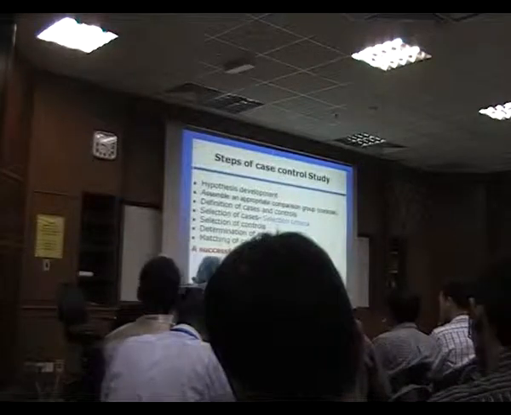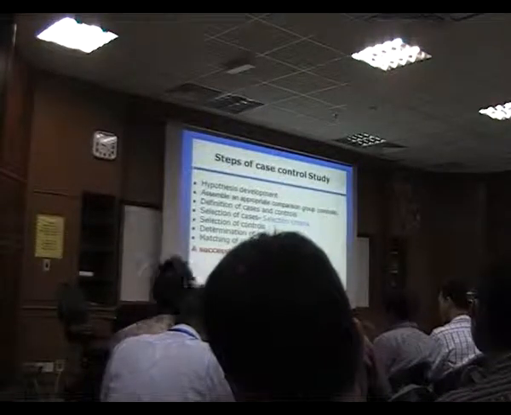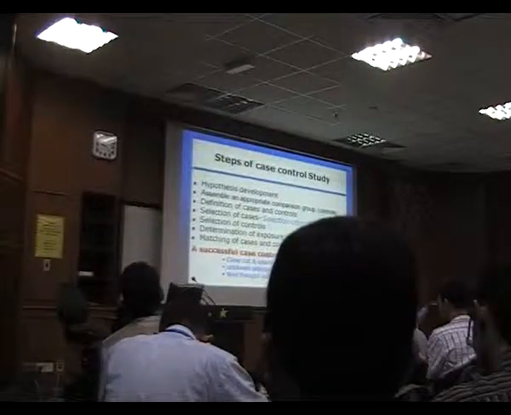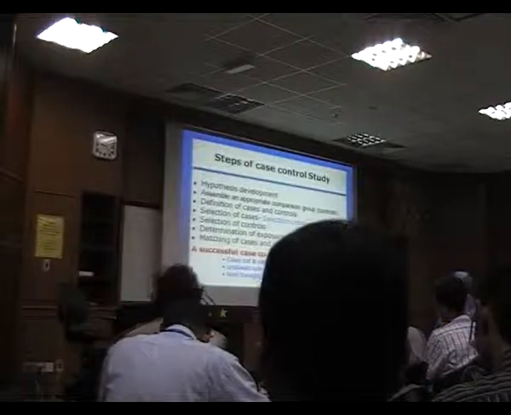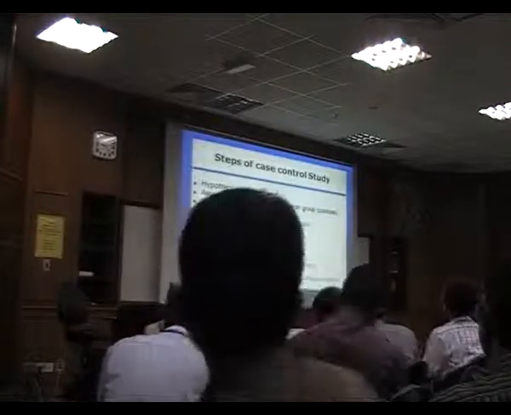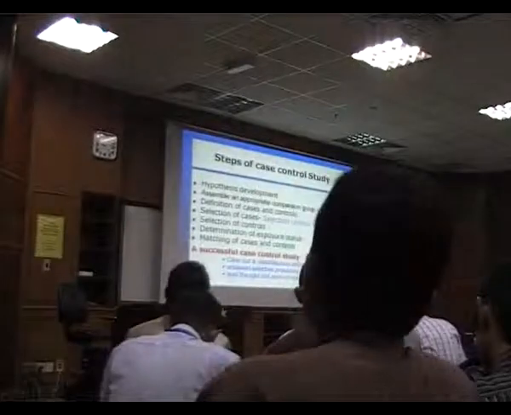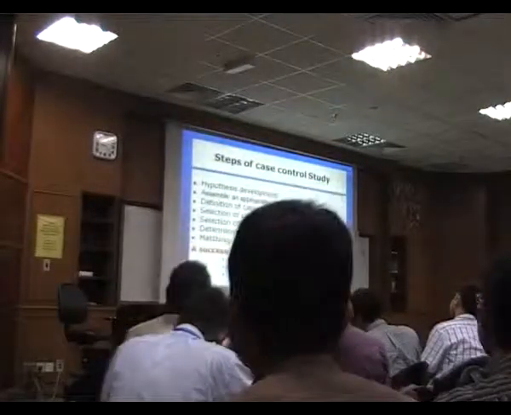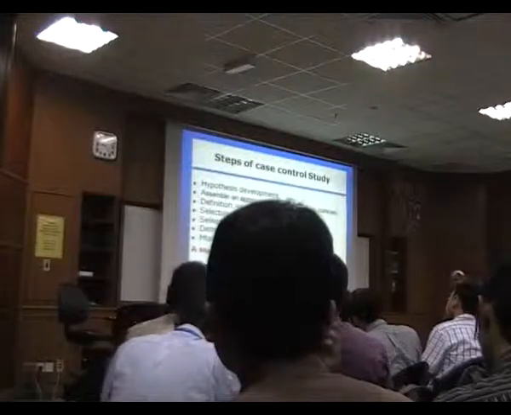These are the points you have to remember. So one thing is important. You have to select the control very carefully. You have to define both cases and control. You have to decide earlier which one should be your main exposure variable. Okay? Clear?